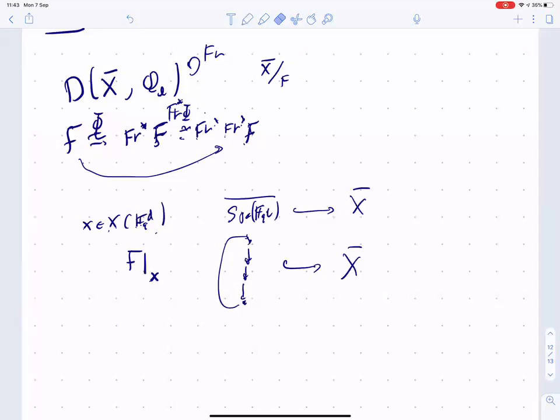And now, once I pull back my sheaf to here, on one hand, an étale sheaf on this looks like just a vector space with an action of the Frobenius, but on the other hand, I have just chosen an identification.